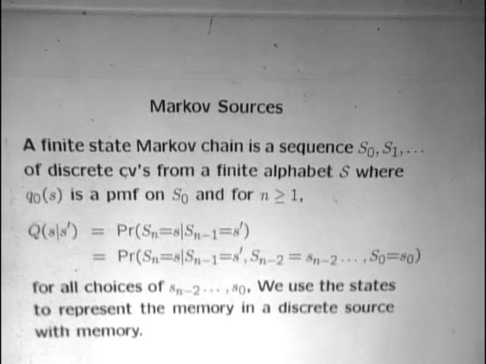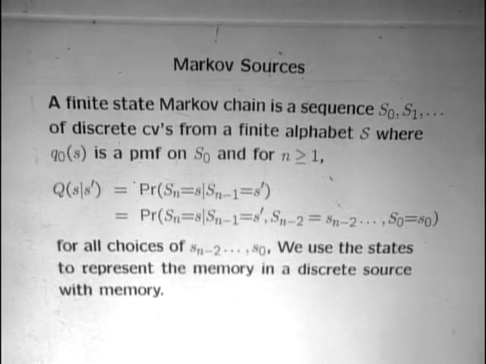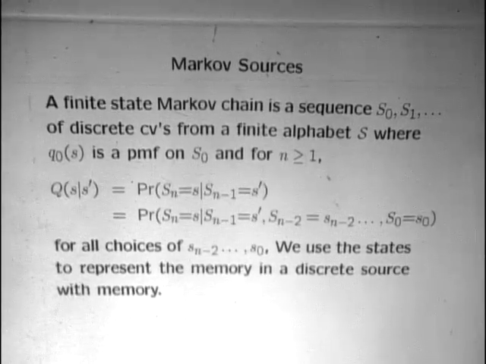That's the picture. We want to go on to Markov sources. Let me explain why I want to do this first. When we're talking about discrete memoryless sources, it should be obvious that that's totally a toy problem.